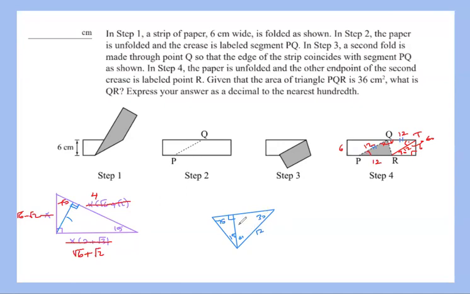So 30 degrees is opposite to 6, and then we know this is 6 root 3. So we can say this will still be 12 minus 6 root 3, but let's try using our relation right here. So the 75 degrees is opposite to 6.